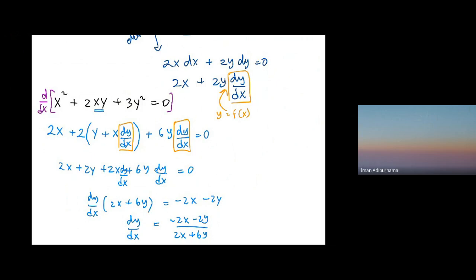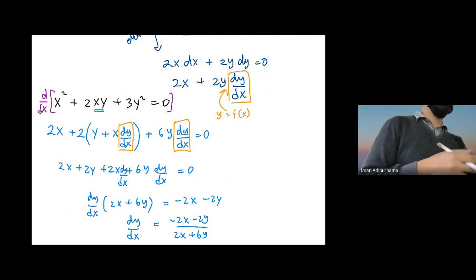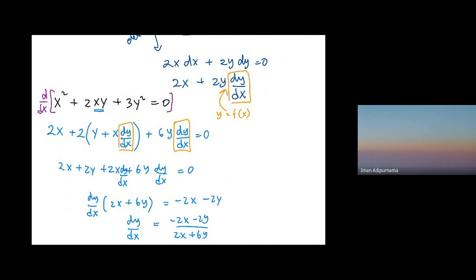That's why the name is implicit: we make the y a function of x, which is not quite true, but we bring it into our equation. I hope you understand implicit versus explicit. Explicit is something obvious; implicit is something inside, but not quite obvious.